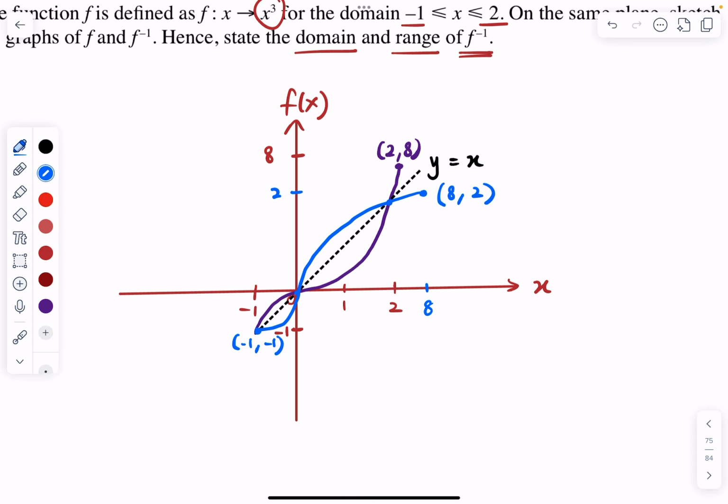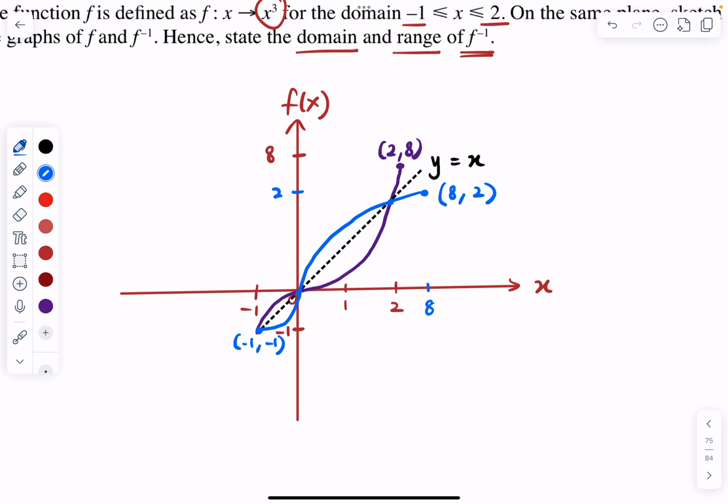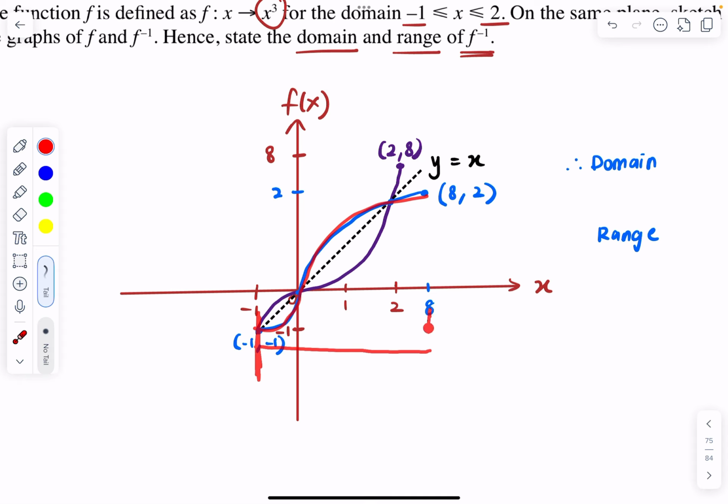Okay, now we can answer their question. So they want us to find the domain and the range of f inverse. So this is our f inverse graph. Our domain is from -1 until 8. Okay, the graph ranges from -1 to 8. So we can say it's between -1 and 8.